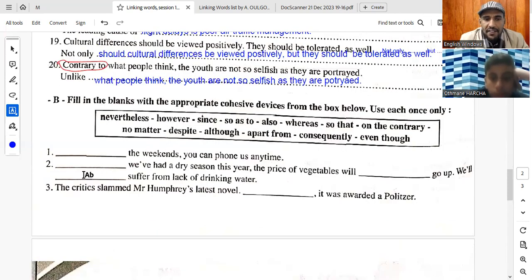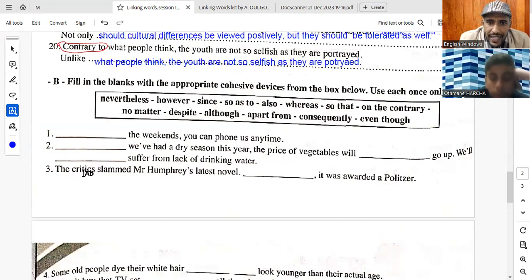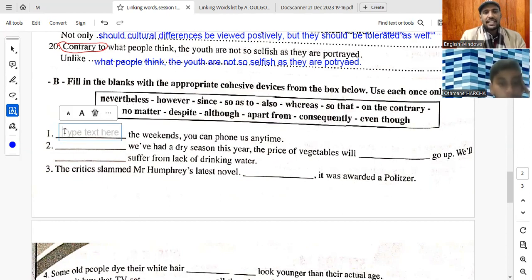Number one: the weekends, you can phone us anytime. The box contains: nevertheless, however, since, so as to, also, whereas, so that, on the contrary, no matter, despite, although, apart from, consequently, even though.